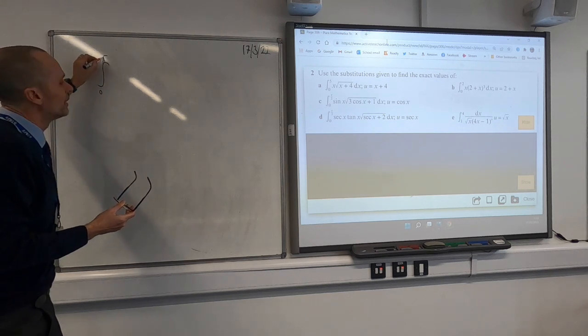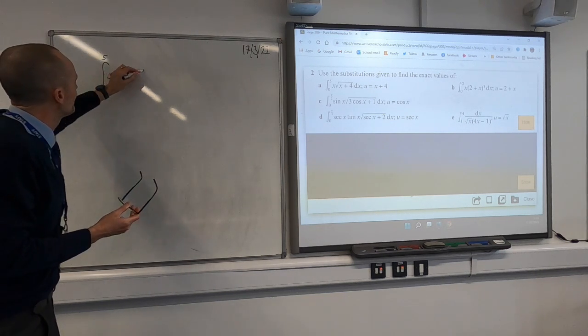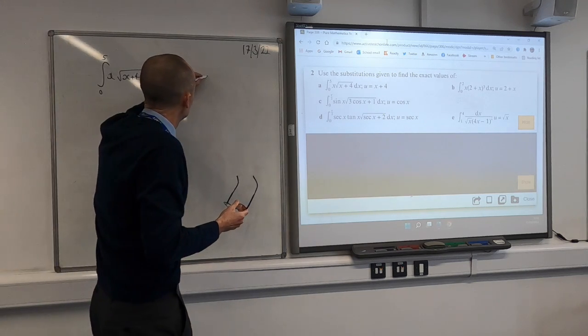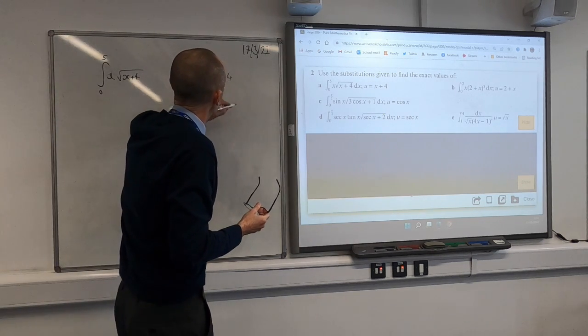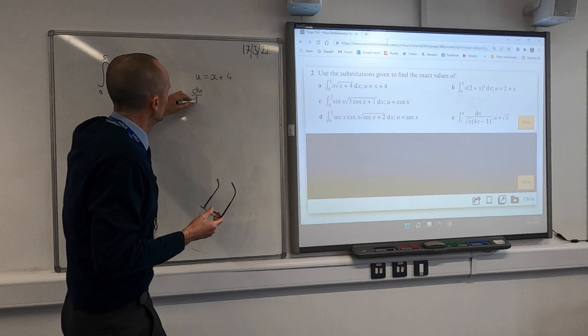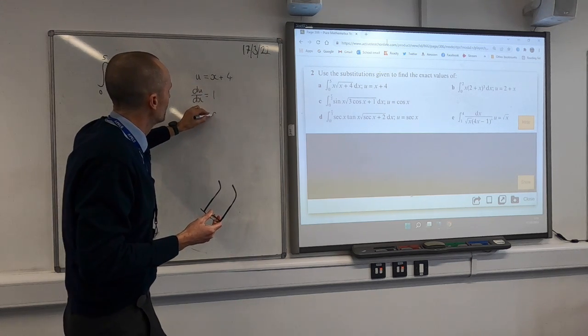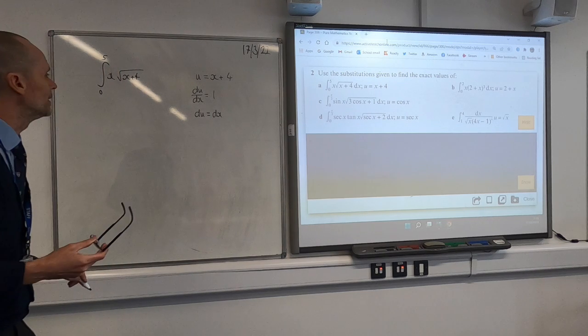So this is what we are trying to integrate, and they are suggesting, unsurprisingly, that we use that as our substitution, and that's nice and easy because du by dx is just 1, so I know I can replace dx with du.